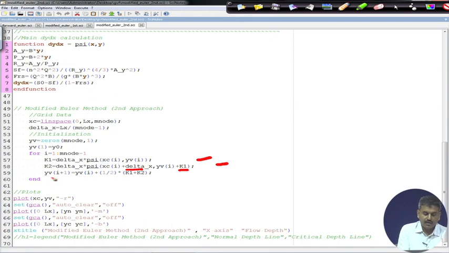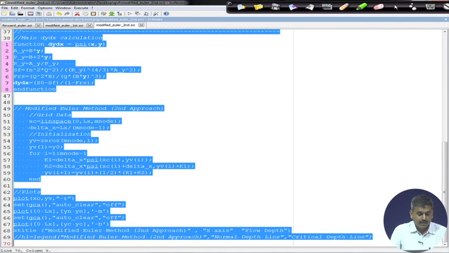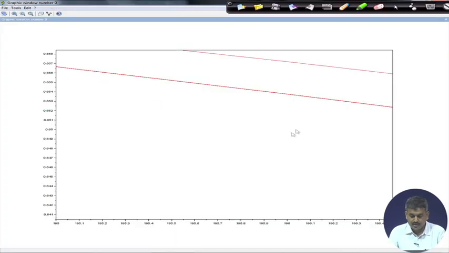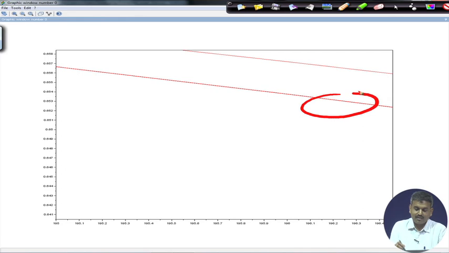Now, in this case we are taking the average of K1 and K2. So, if I run this code again, it is coinciding with one of the cases, but this is not the forward Euler method, but the second order approach or modified approach that we have utilized in our previous code.